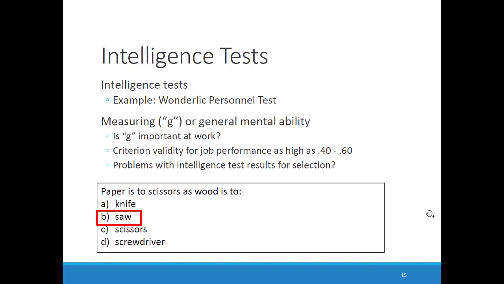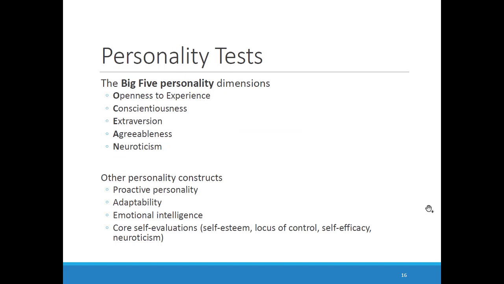But the ultimate result is that it can result in some groups like white men getting hired at a higher rate than women. So we need to be careful when we are using intelligence tests for selection. They are certainly valid, but we cannot just use intelligence tests. They cannot be the only method of selection that we're using. We need to use them in combination with other things.